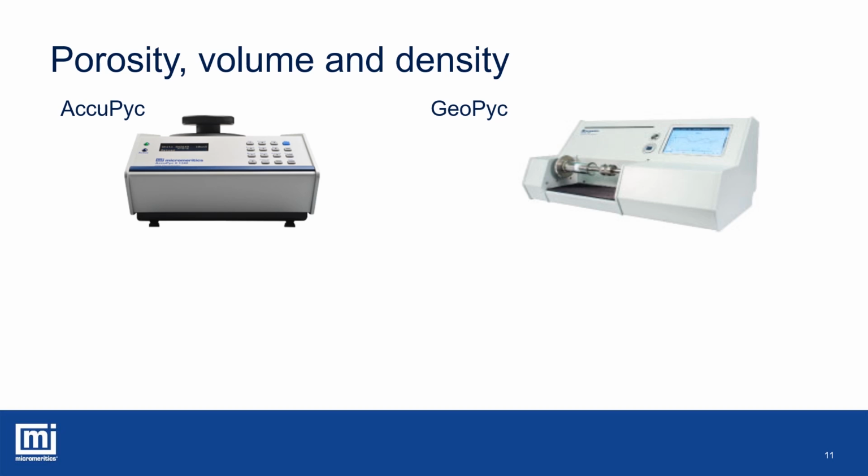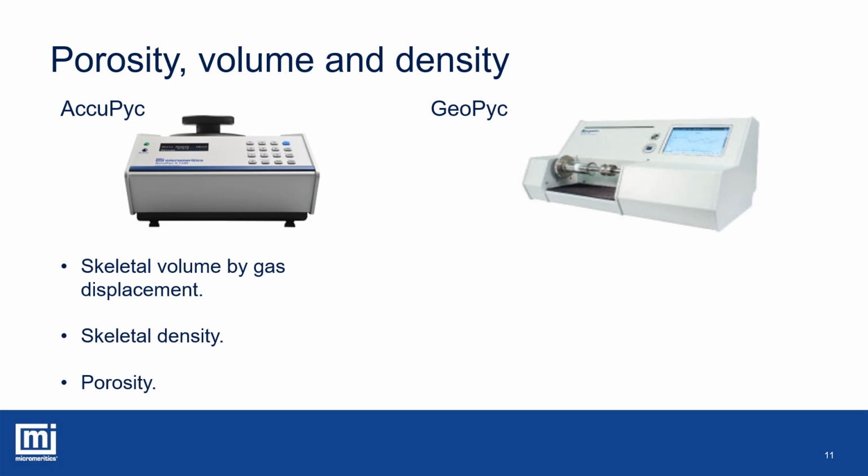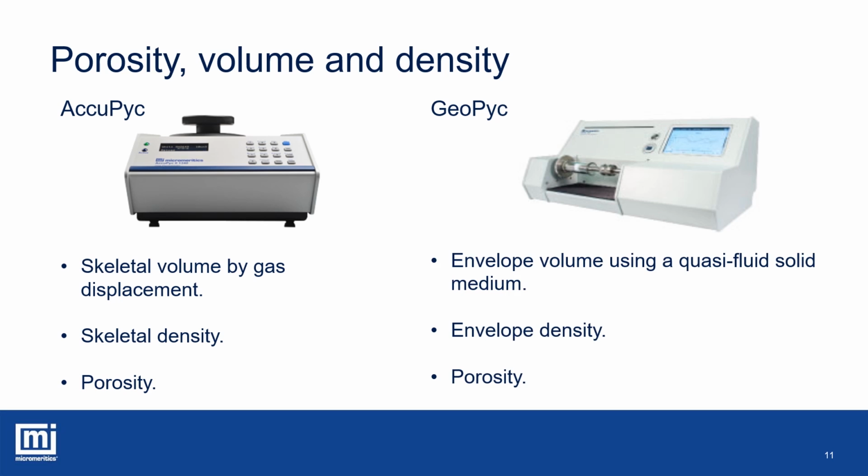I won't rehash the entire app note here, but as an introduction, the AccuPick measures skeletal volume by gas displacement, and it'll calculate skeletal density if the sample mass is supplied, and it'll calculate porosity if the envelope density is supplied. The GPick measures envelope volume using displacement of a quasi-solid media, and it measures envelope density if the sample mass is supplied, and it'll calculate porosity if the skeletal density is supplied.